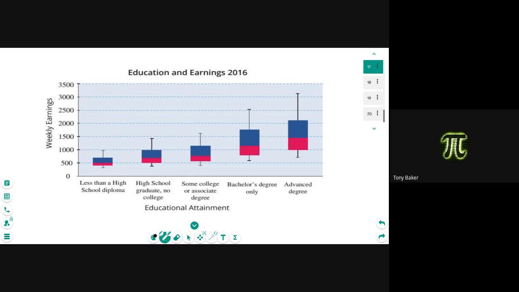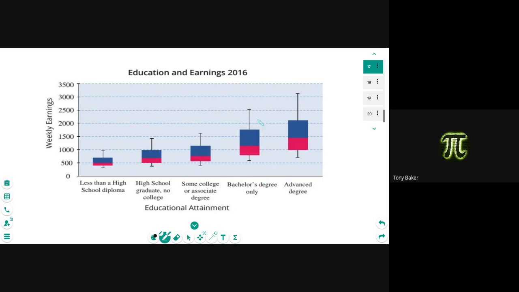A person with less than a high school diploma can earn more than somebody that has a master's or a PhD. Now, in the grand scheme of things, no, there's a lot more above on the advanced degree, but you'll notice that as these boxes get bigger, they spread further out. There's a lot more variation in them.